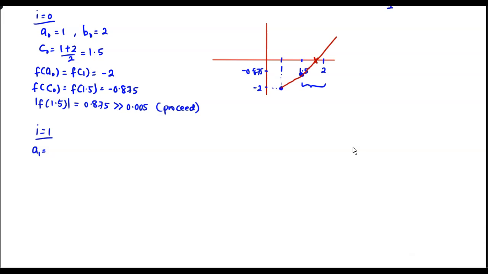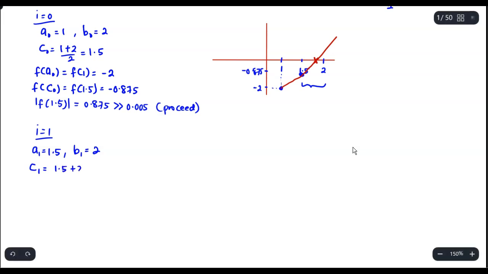So in the second iteration, a_1 equals 1.5 and b_1 equals 2. Now we compute c_1, which is a plus b over 2 again. So we have 1.5 plus 2 over 2, and now our c_1 is 1.75.